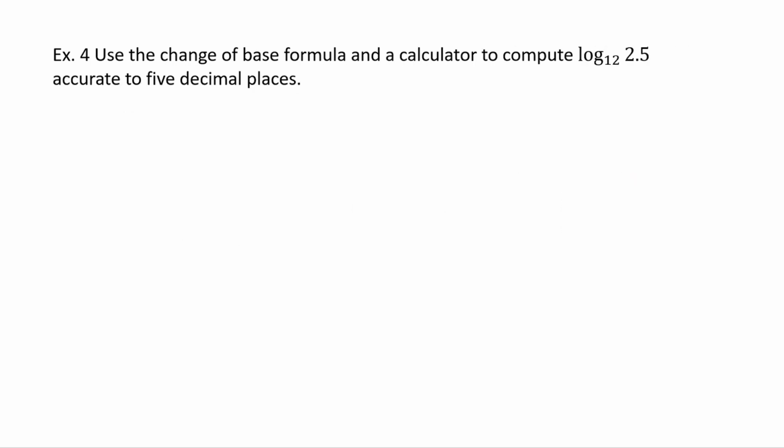Use the change of base formula and a calculator to compute log base 12 of 2.5 accurate to 5 decimal places. When using the change of base formula and a calculator, the wise choices for the common base is either the natural log or the common log.